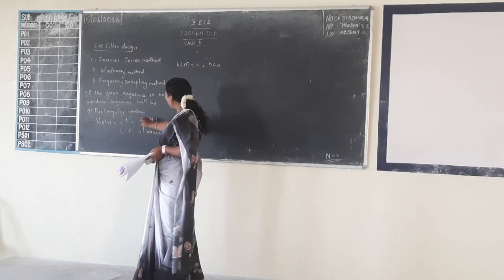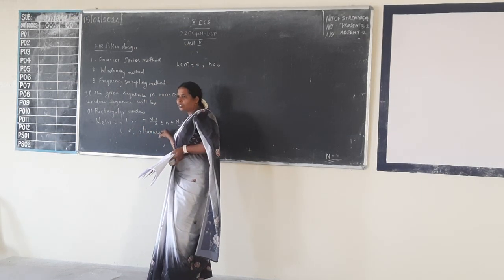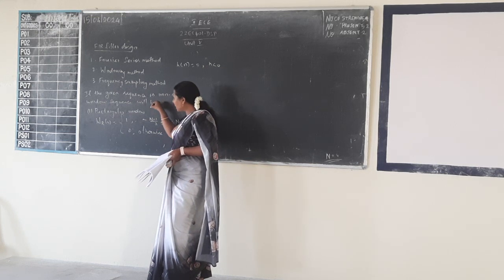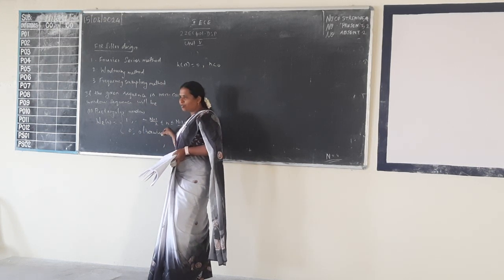Here we have minus 2 plus 1, negative 2 plus positive 1, so it is non-causal. If the given sequence is non-causal, we can take the window function as a non-causal function. That is the meaning.